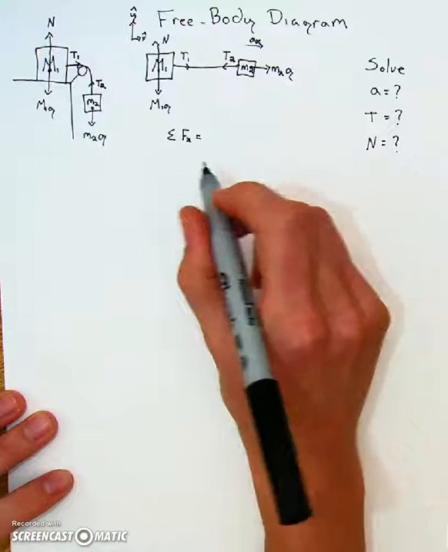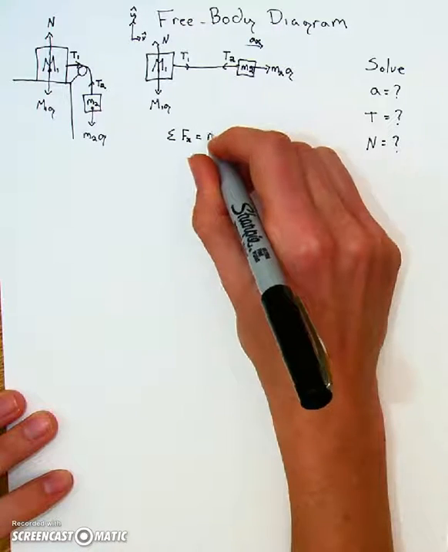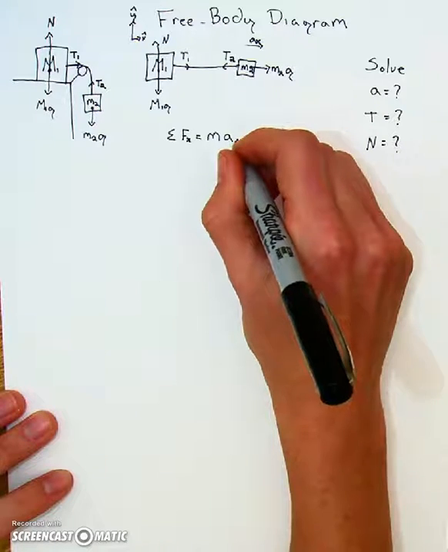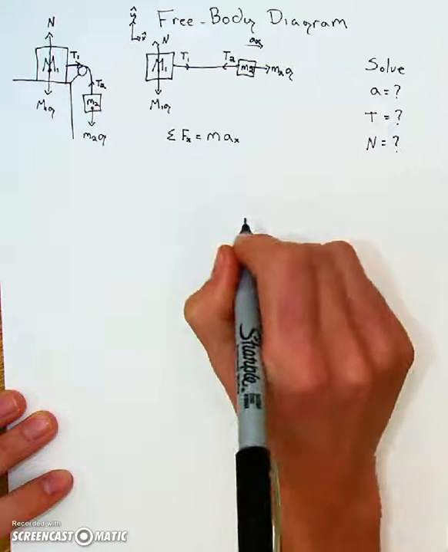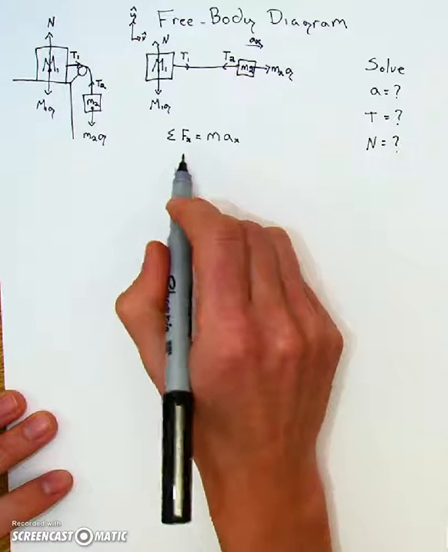Now since this system is moving, we'll assume we're going to label this m times ax. Now we need to add all the forces in the x direction.